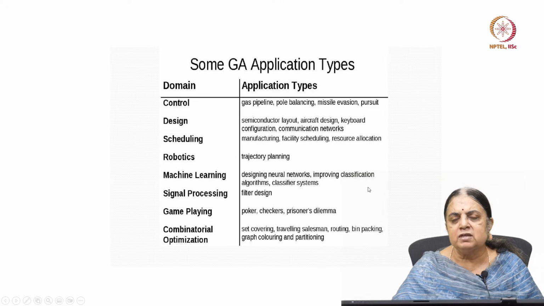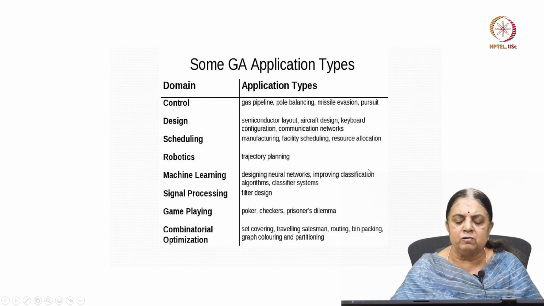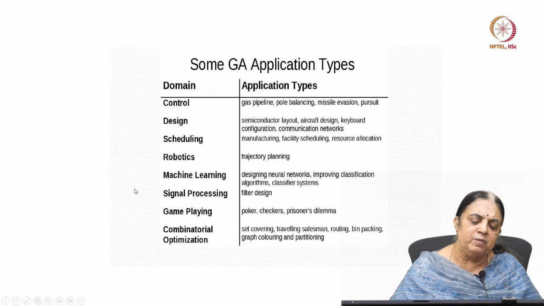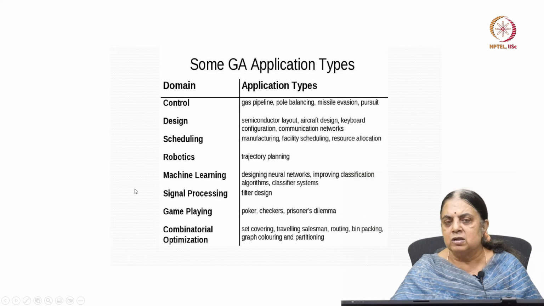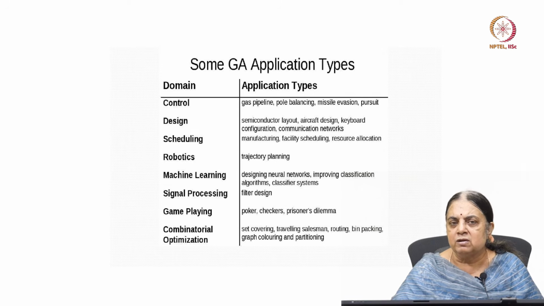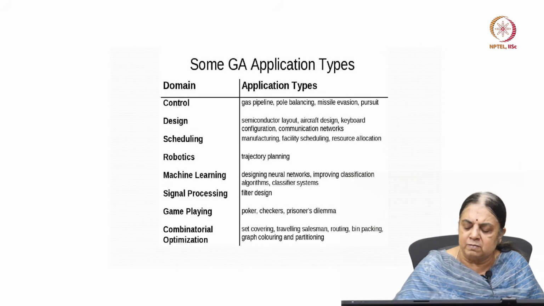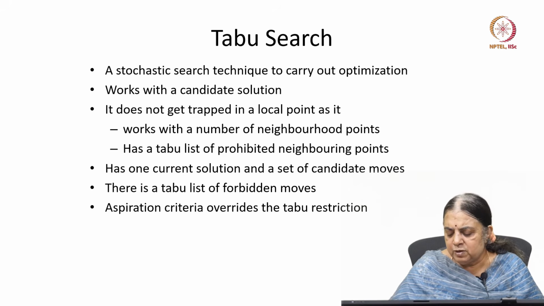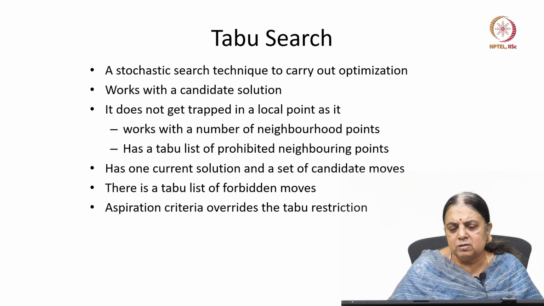For all these things, you can use genetic algorithms. You take almost any domain you want, you can use genetic algorithms there to get good results in some applications. We'll go to other algorithms which work in the same way.